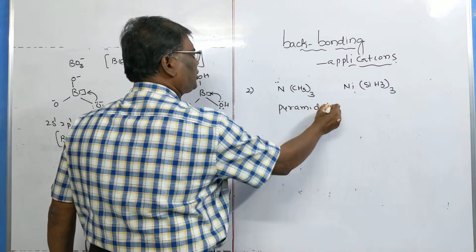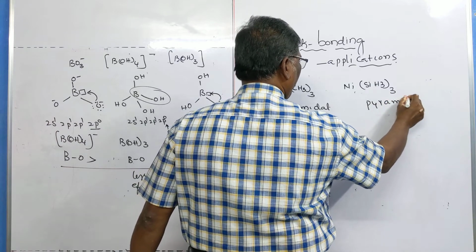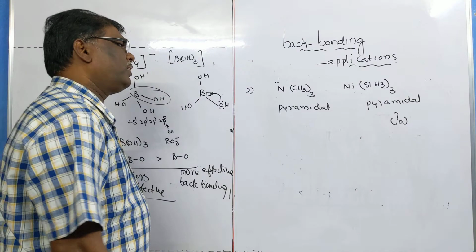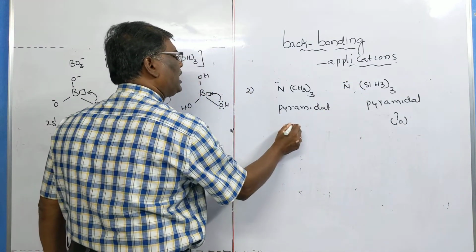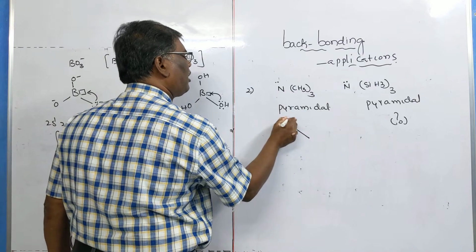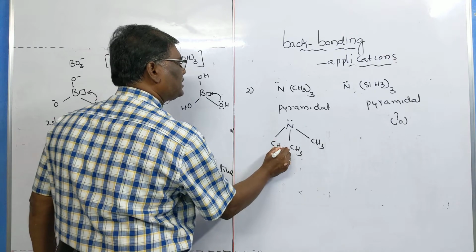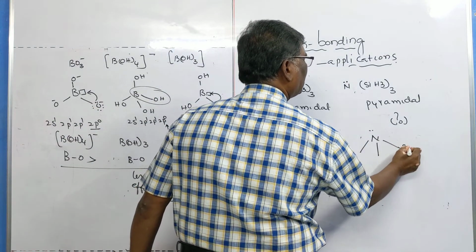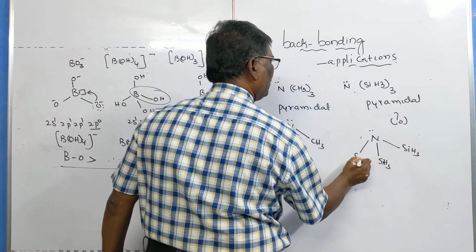N(SiH3)3 we also expect to be pyramidal, but actually this is not a pyramidal shape. For what reason? Of course, both have bonding like this: single bonds and a lone pair on the central atom.